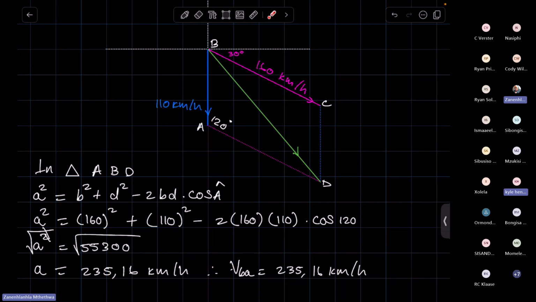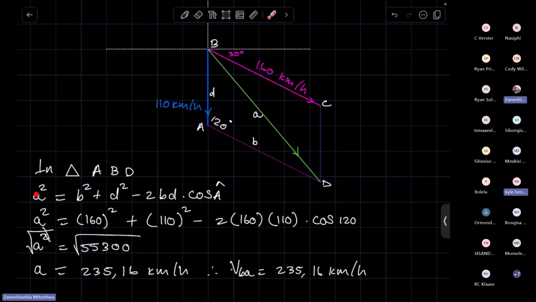The side that is opposite A, you are going to label as small letter a. You have D, the side opposite D is this one, so this becomes small letter d. You have B, the side opposite B becomes small letter b.